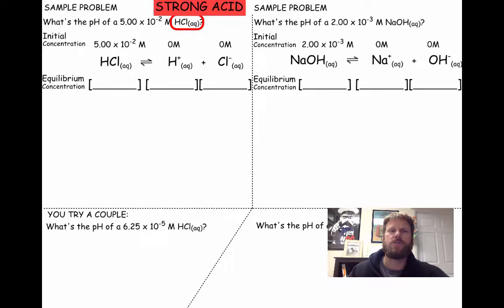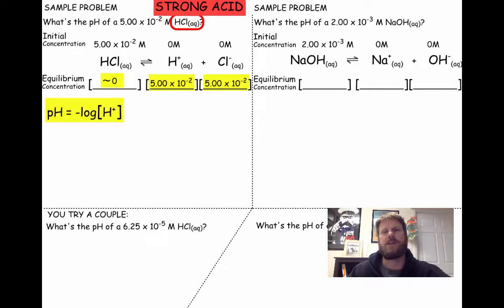So what we can assume at equilibrium is there will be no molecules. It's a very safe assumption that there are hardly any molecules at equilibrium, and we are going to have all ions. Since a molecule of HCl breaks up into one H+ and one Cl-, whatever the concentration of the acid is given in the problem, that's going to be the concentration of H+ and the concentration of Cl-.